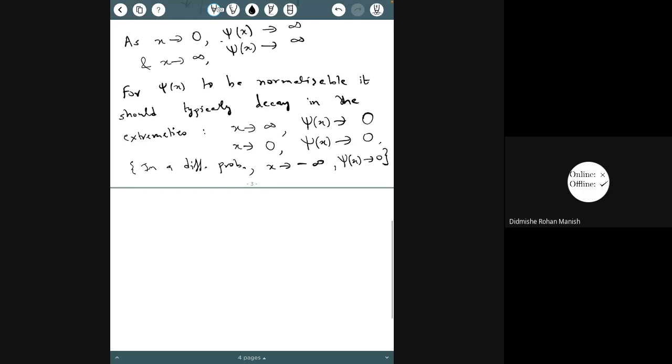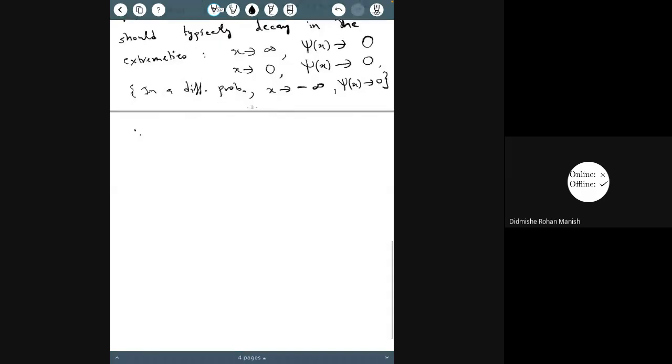So let's write it as del square psi by del x square is equal to minus k square psi, which ensures that this is a positive quantity.